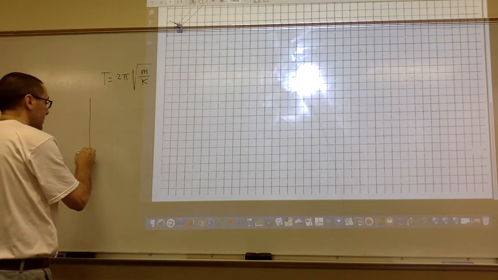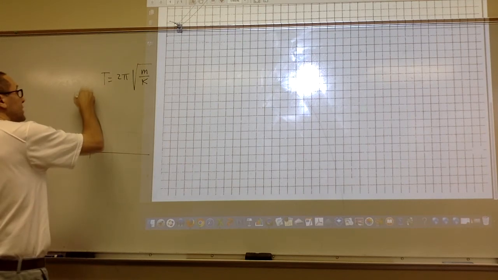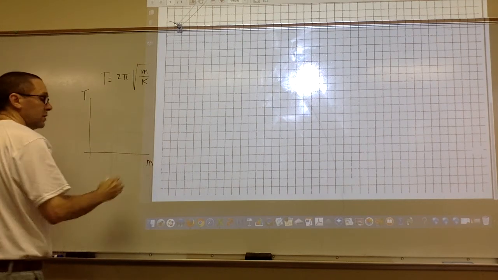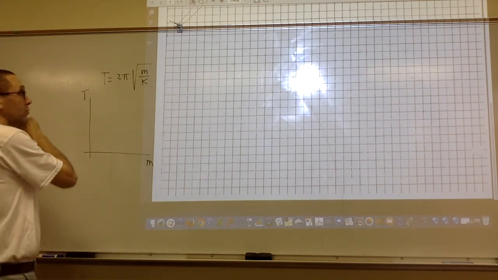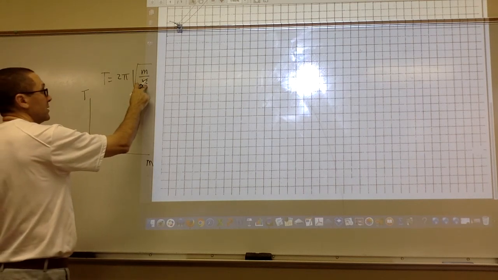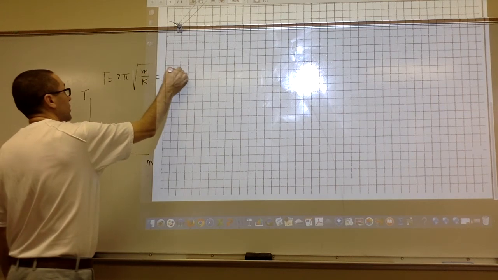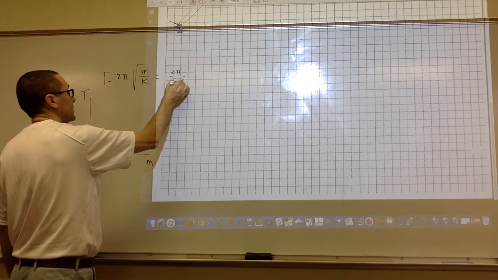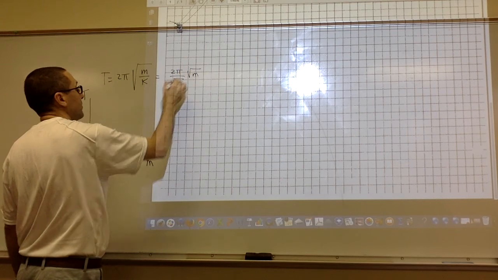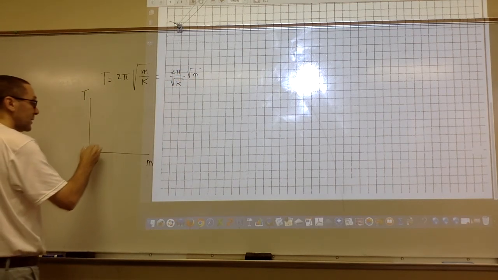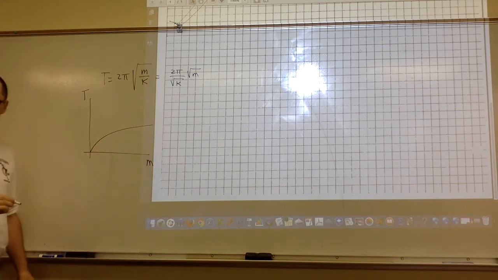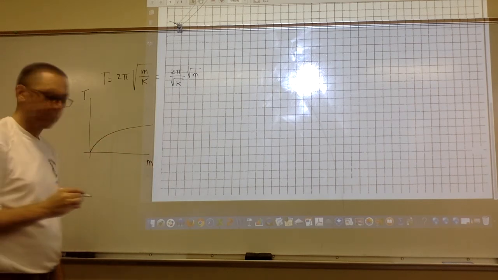If I graph this, putting t here and m here, from your math class, you should see that this is going to be a square root function. K is a constant. In other words, this can be written as 2 pi over square root of k, times square root of m. M is the variable, t is the variable. So I should expect something like that, which is a root function.